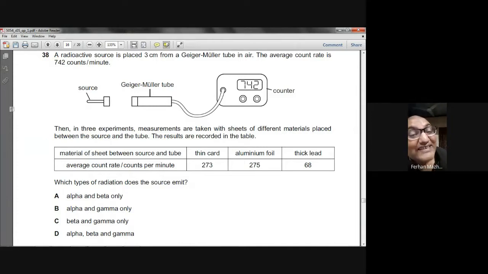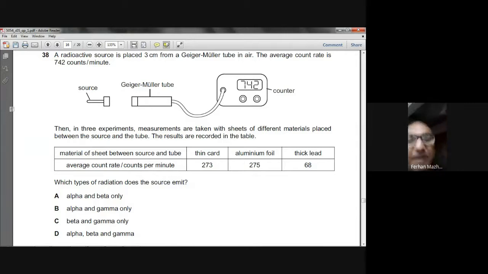So if you place a paper between the source and the GM tube and the reading drops, it means the radiation has alpha particles. Why? Because the alpha particles cannot pass through the paper.